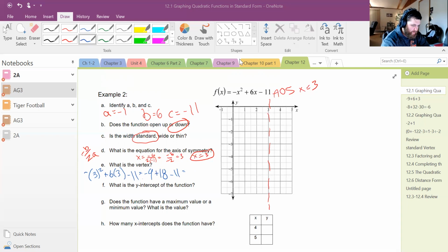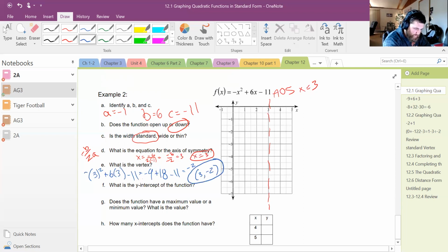So we have negative 9 plus 18 minus 11. Negative 2. Okay, so remember, that's not the answer. We want the vertex. It's a point, so it needs to be an ordered pair. So we plugged in 3. We got negative 2. This is your vertex. Right there.